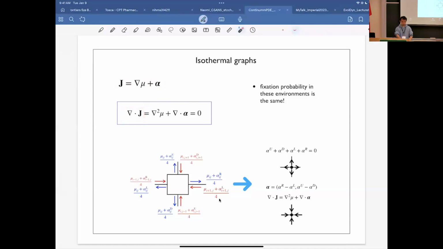That's only for isothermal graphs, which represent graphs often used in network evolution models, where the total probability for incoming migration is the same as outgoing migration.